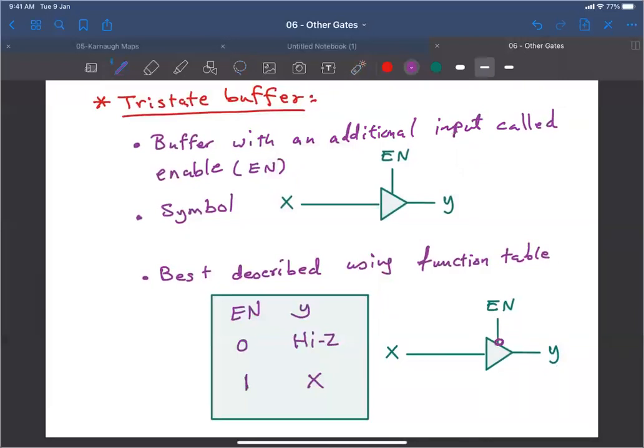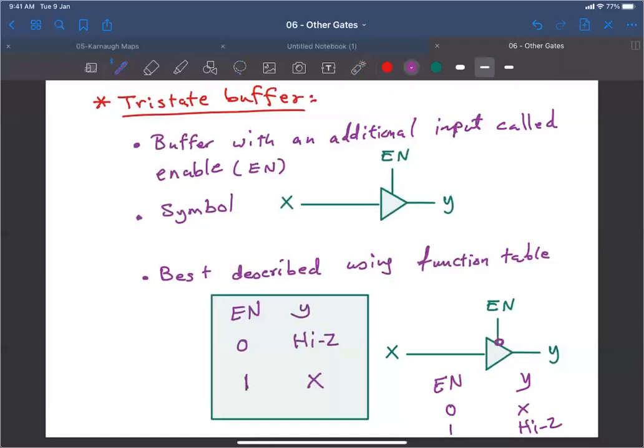So in this case, the function table will become like this, enable and Y. When enable is 0, Y will get X. When enable is 1, Y will get high impedance. It doesn't matter whether you put enable on the top or the bottom of the triangle.